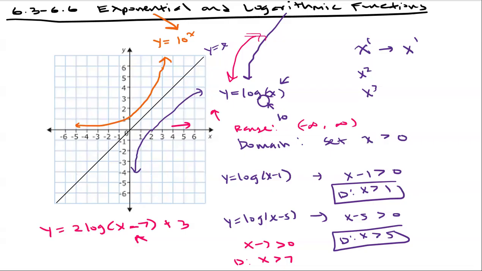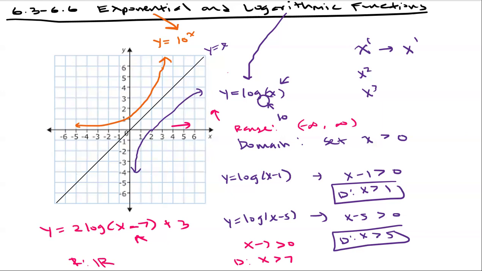Notice that the range is still going to be negative infinity to positive infinity. So it doesn't matter what you do to it. As long as it's in this form, the range will still be all real numbers from negative infinity to positive infinity, even though I moved it to the right and stretched it, because it still has that form. That's the range.